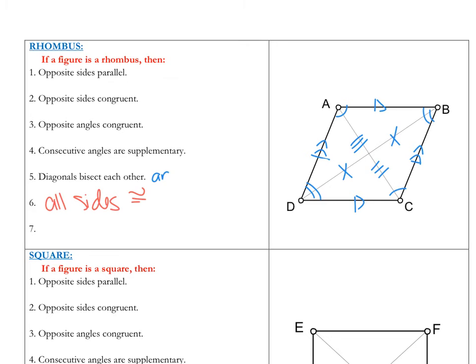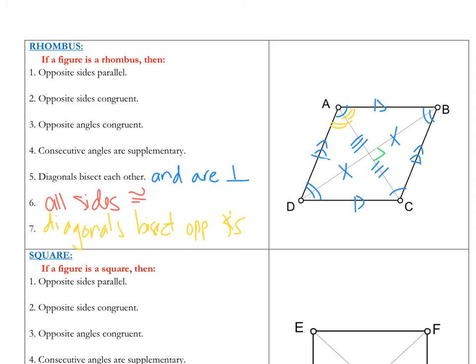So let's add that on here, in a different color so we can see it. So these are perpendicular. And then lastly, diagonals bisect opposite angles. What that basically means is that we can say these 2 are congruent.